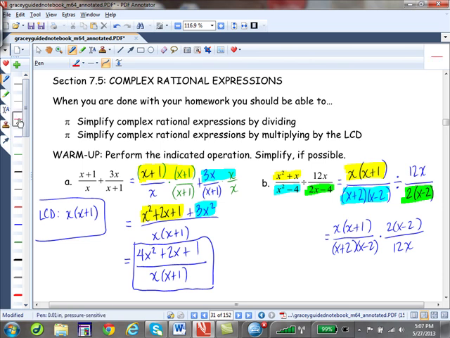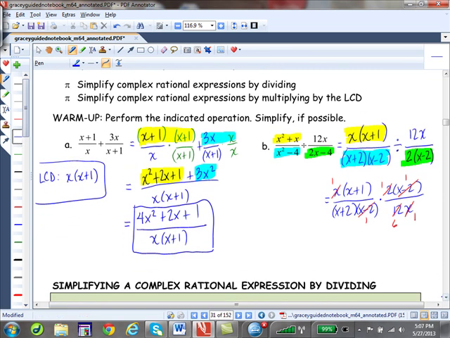So now we can go ahead and divide out some terms. The x minus 2's divide out to be 1. 2 goes into itself once and into 12 6 times. X goes into itself once. And I believe we're all done. Now remember, once you divide out, you're multiplying across.